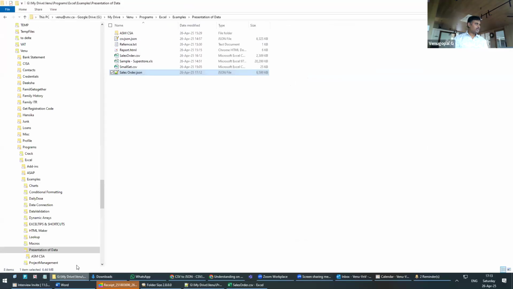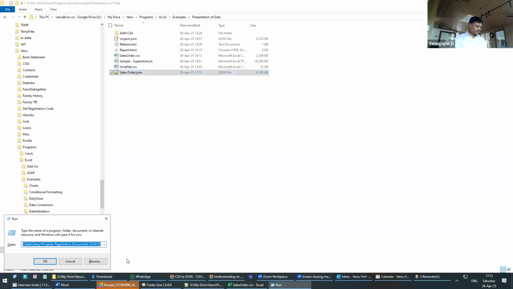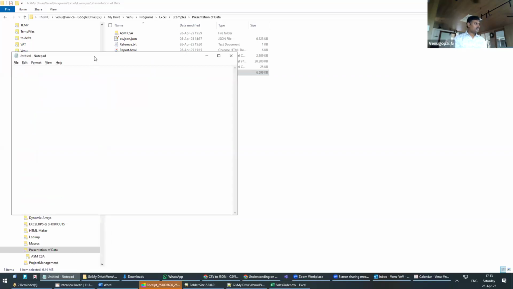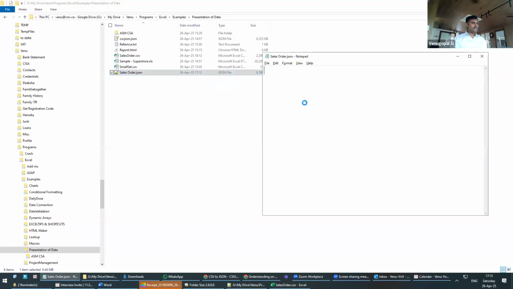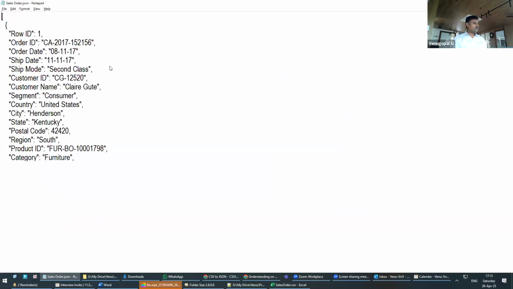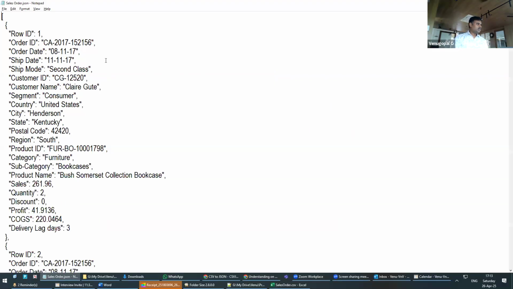this file, you can open it in a notepad. Since it is 6 MB, it is going to take a little time. You will be seeing the data something like this.